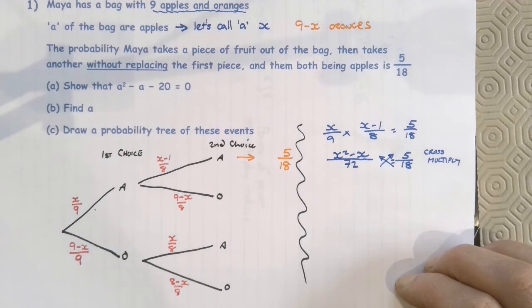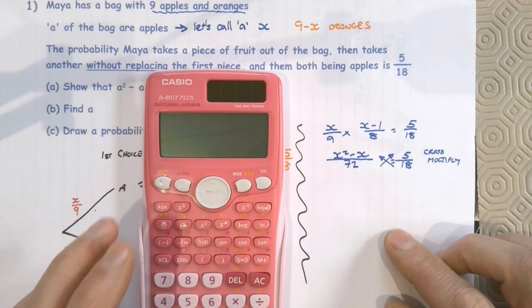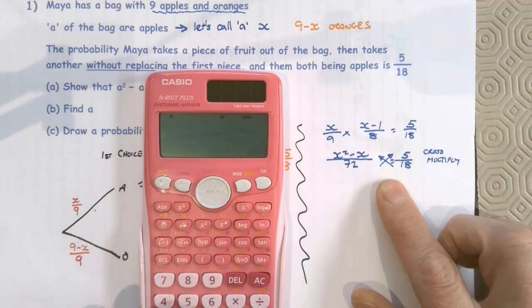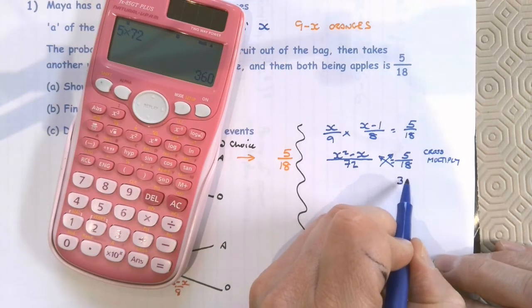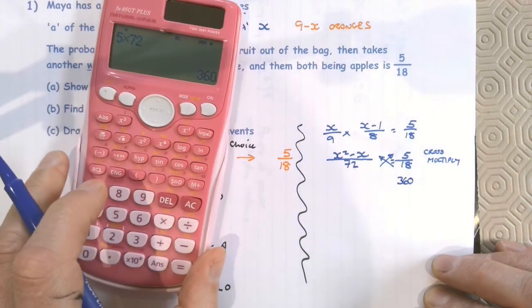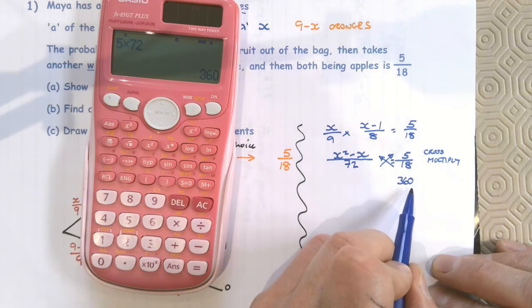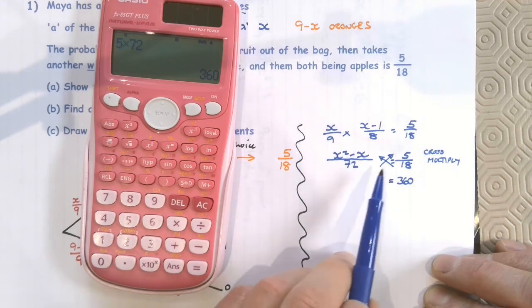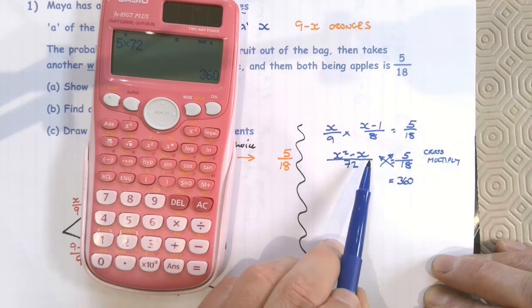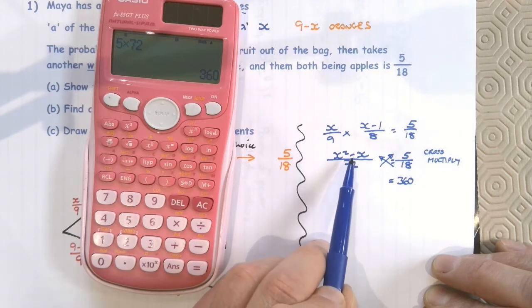We're allowed to use our calculator in these problems. That is not a problem. So we're going to end up with 5 lots of 72, 360. And we've got rid of the 18 because we multiplied by 18. And we need to multiply the left-hand side now by 18.